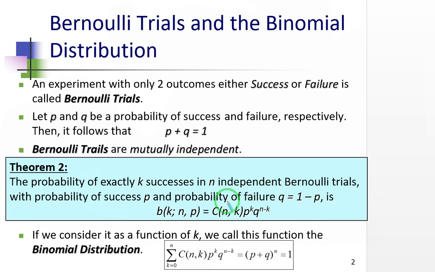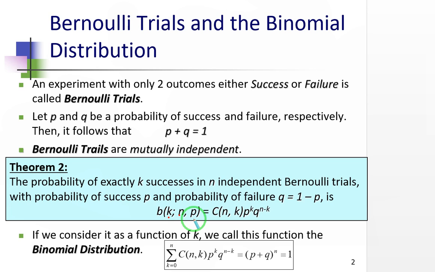So we have a total number n of independent Bernoulli trials, and how many can be successes? K can represent it, and P is your probability of success.